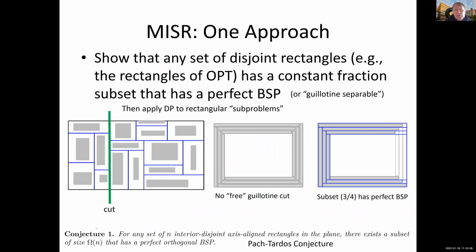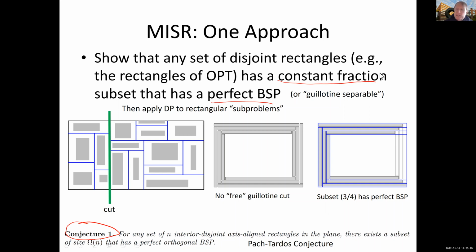One way you could do this is to resolve a conjecture that's been out there for a while, that any set of disjoint axis-aligned rectangles has a constant fraction size subset that admits a so-called perfect BSP, also known as guillotine separable.